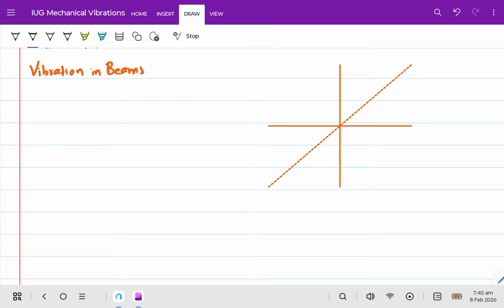And the reason is, if you remember, in vibration in strings, when there was a vibration, the restoring force was tension.